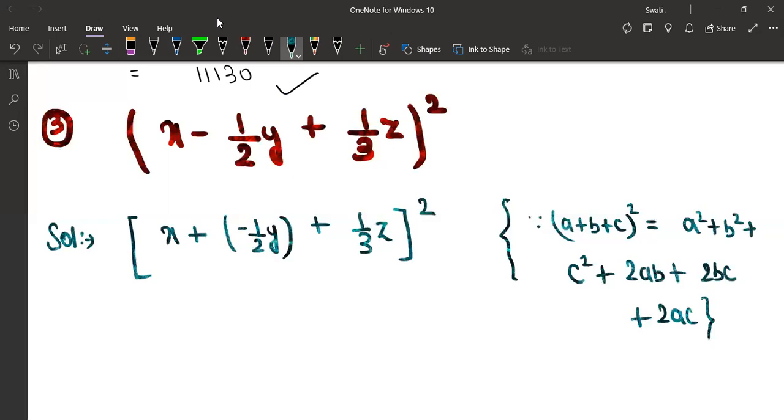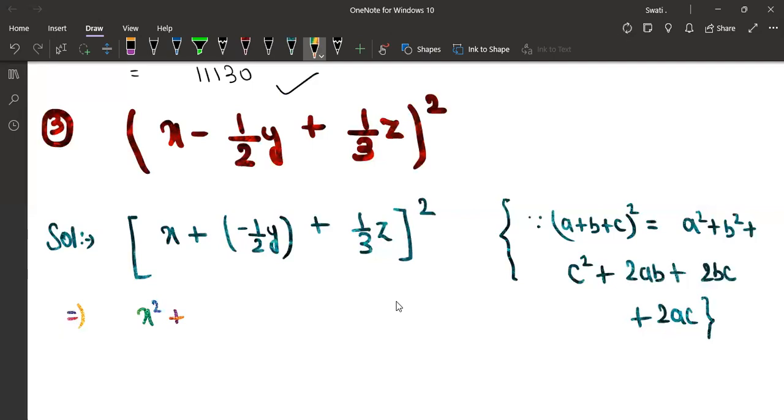All right. So using this formula, of course, we are going ahead. And 1 second. Yes. So as you can see, a is x here, so this will become x square, of course. And then we have b square, of course, minus 1 upon 2y whole square. First of all, minus square is, of course, plus, because minus into minus is plus. So minus will become plus only, so no need to write down the sign.